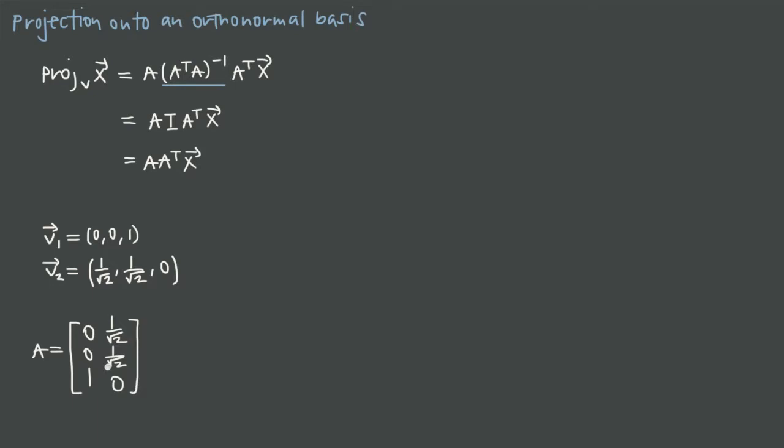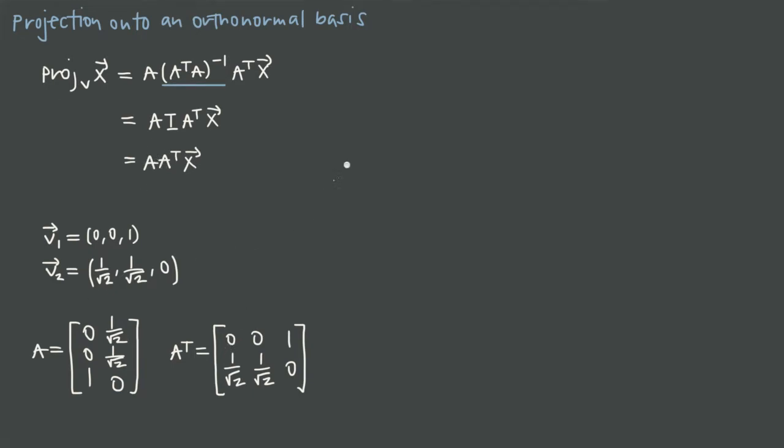So that'll be the matrix A that defines the subspace V. And then, of course, according to our formula here, we're also going to need A transpose. So A transpose will then just be 0, 1 over root 2, 0, 1 over root 2, and 1, 0.